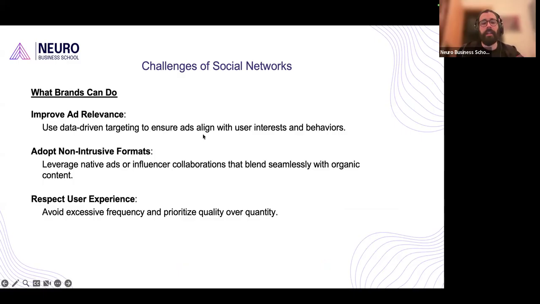For example, again, use data-driven targeting to ensure ads align with the user's interests and behaviors. For example, in YouTube, normally better, normally worse, depending on how the algorithm is working, the videos that they are showing to you are aligned with your segment of people.